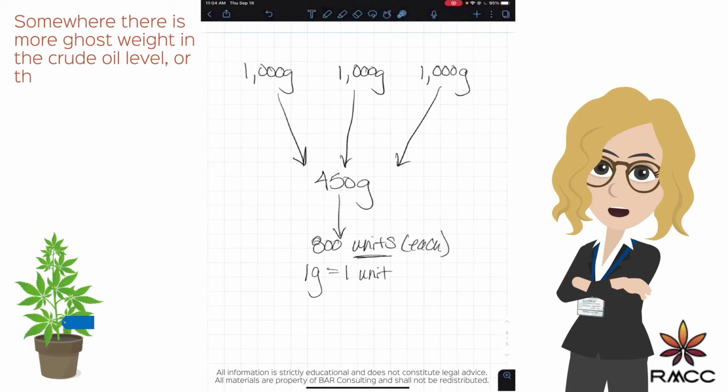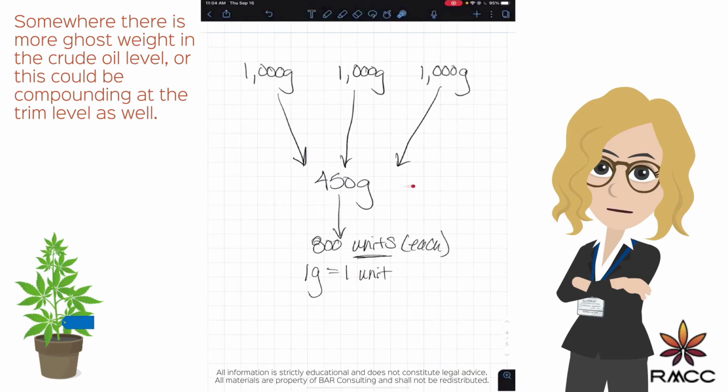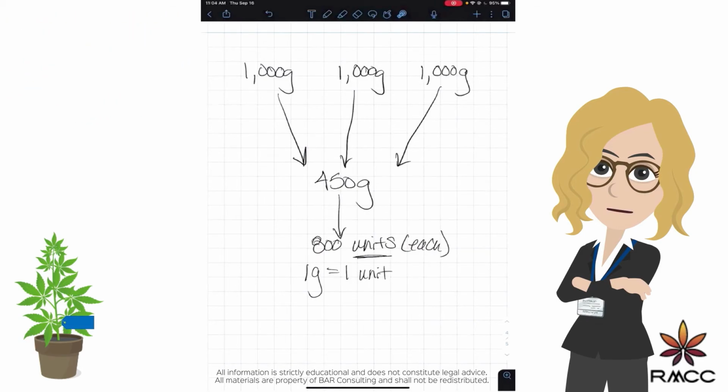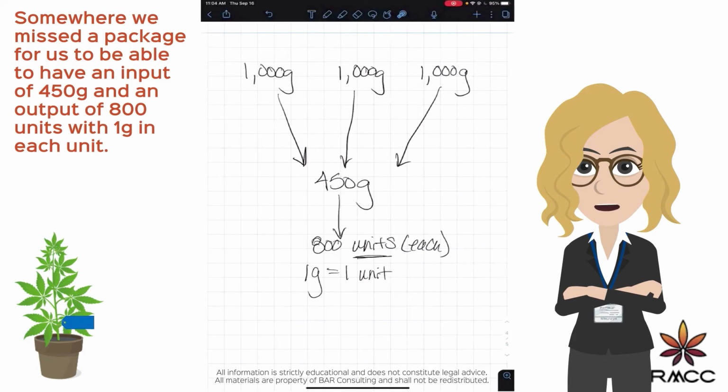So somewhere there's more ghost weight in the crude oil level, potentially, or this could be compounding at the trim level as well. But essentially somewhere we missed a package to be able to input that into our assembly for us to have an output of 800 units with 1 gram in each unit.